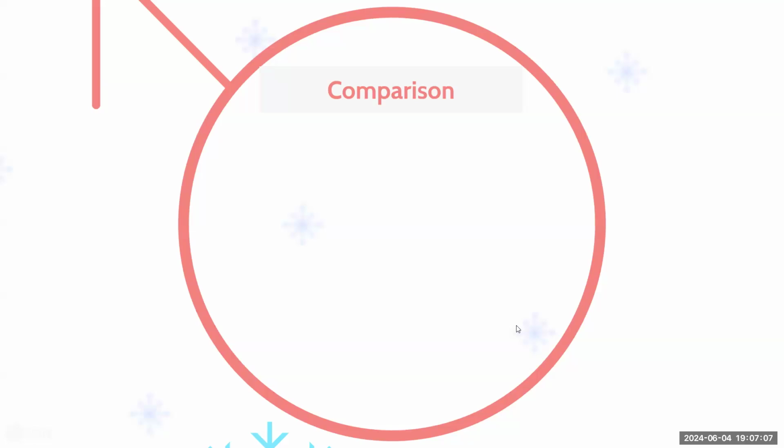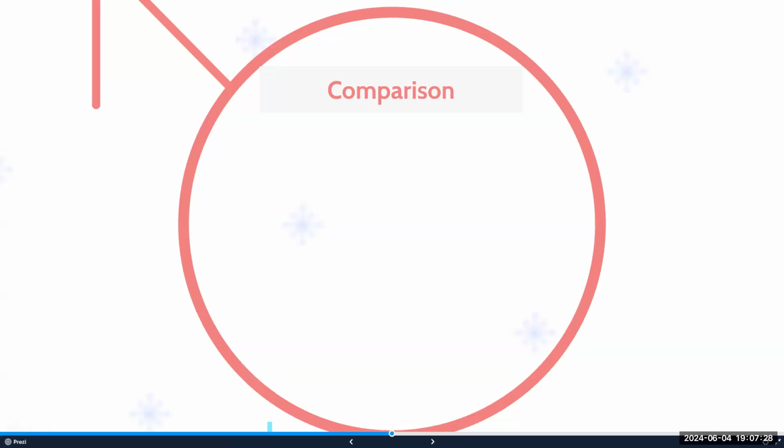This type of context clue often uses words or phrases such as like or similar to or as to compare the two things. So for example, we saw this one earlier, right?